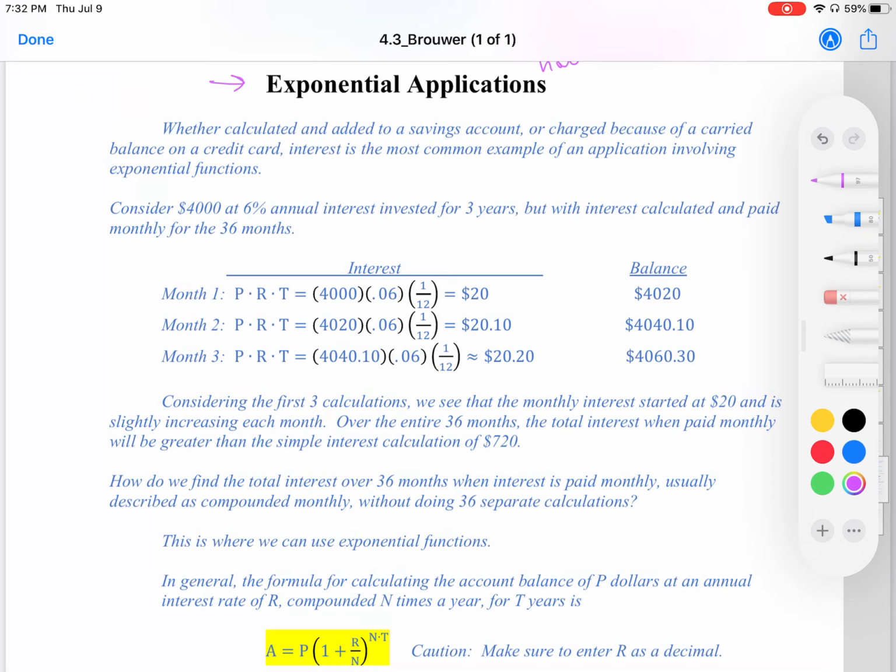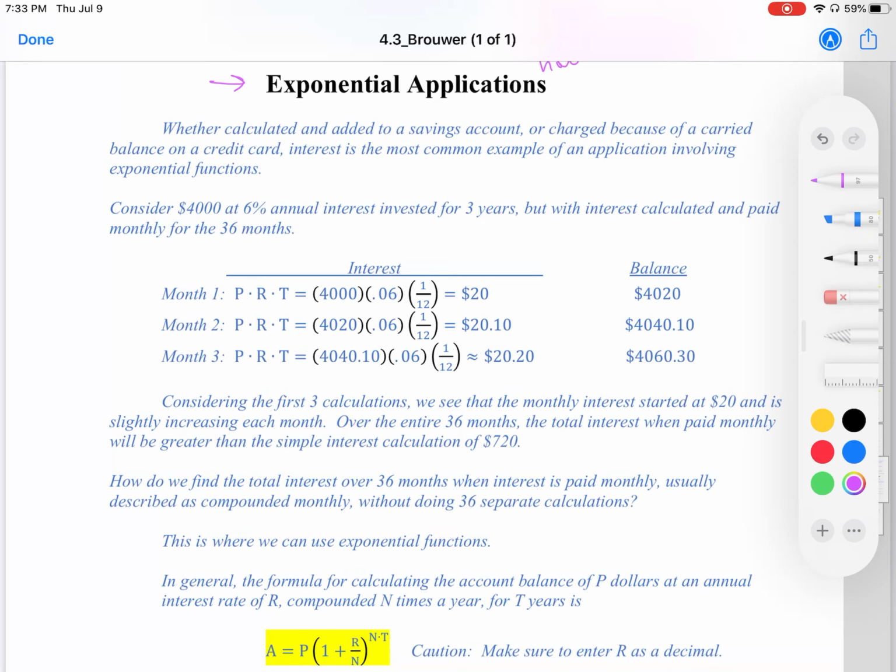Moving forward, exponential applications. Whether calculated and added to a savings account or charged because of carried balance on a credit card, interest is the most common example of an application involving exponential functions. Consider $4,000 at 6% annual interest invested for 3 years, but with the interest calculated and paid monthly for 36 months.